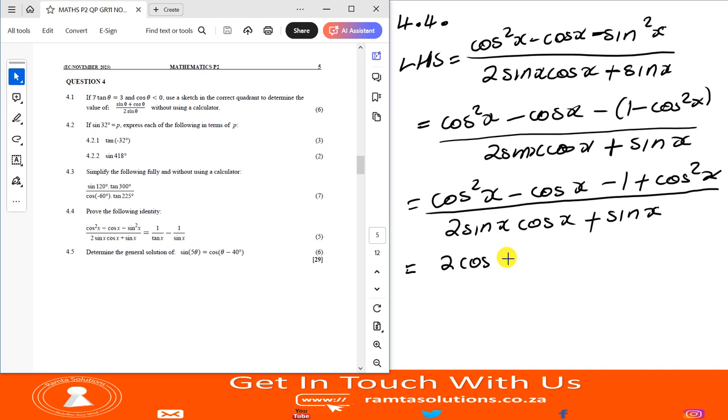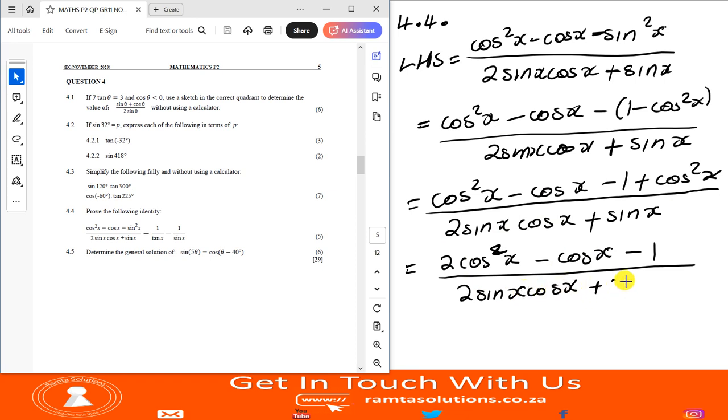2 cos square x minus cos x minus 1 all over 2 sine x cos x plus sine x. Now, as you see, this numerator is a trinomial.